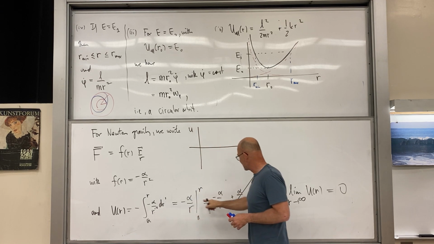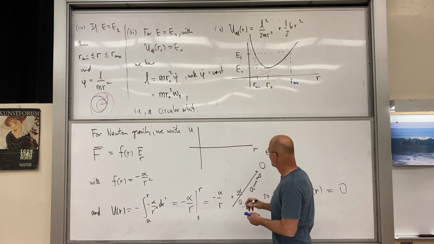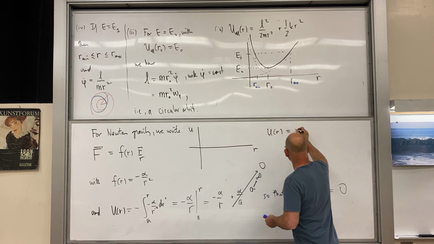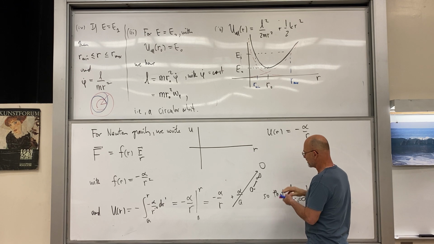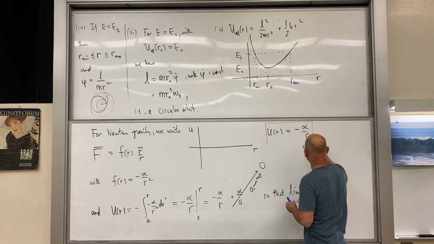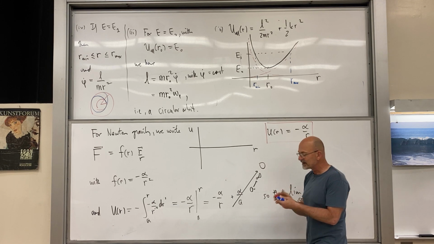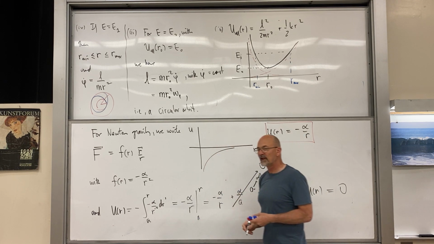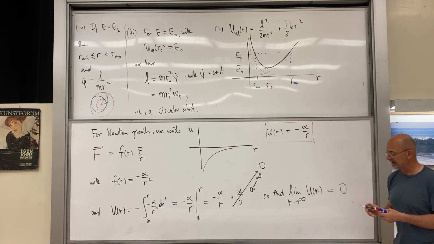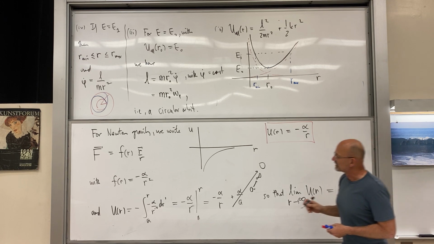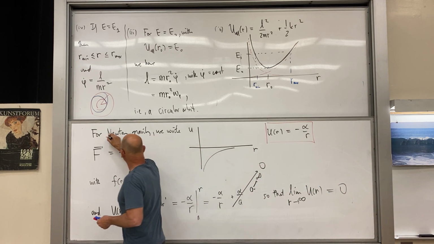It's got the minus sign in front of it, right? Showcase it here, minus alpha over R. And because it's negative, it has this generic form like that. Vanishes out to infinity. Good, that's our potential energy function.